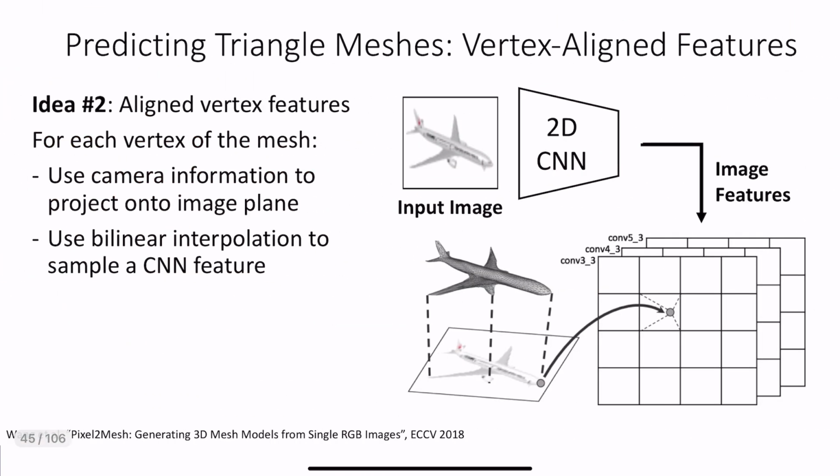So we need an additional idea to align the vertex feature vector. So it means that for each vertex, let's say the vertex feature vector Fi, we want to use an additional image feature vector.